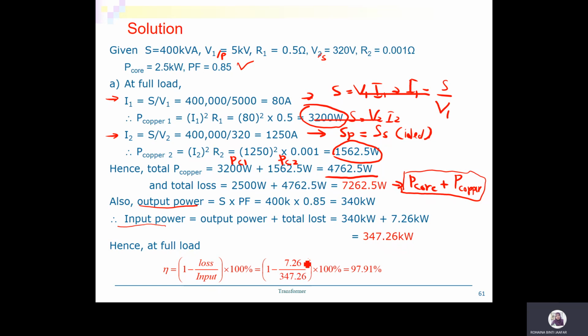You neglect the kilo, so you just use 7.26 over 347.26 times 100%. So the efficiency at full load is 97.91%.